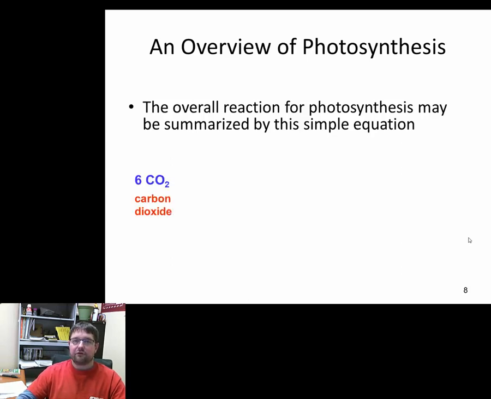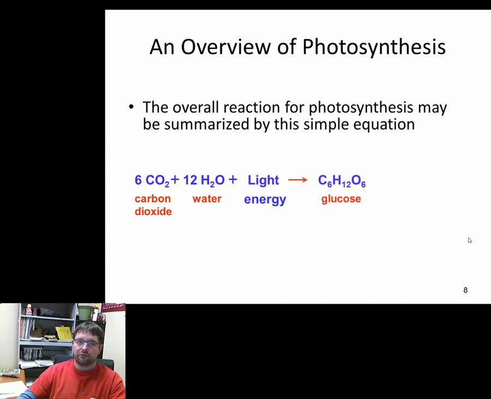If we look at the equation of photosynthesis, we take in 6 carbon dioxide molecules, 12 water molecules, and light energy, which is photons, and that yields 1 molecule of glucose, C6H12O6, and 6 water molecules, and 6 oxygen molecules.